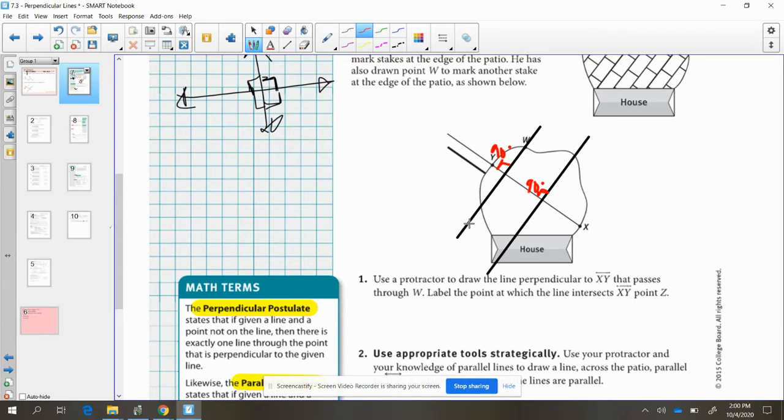We know that these lines are perpendicular. And we also know that the 2 lines we drew in are parallel to each other because their corresponding angles are congruent.